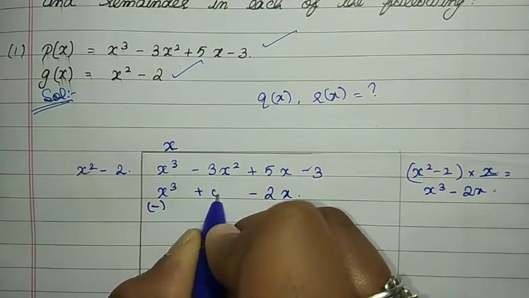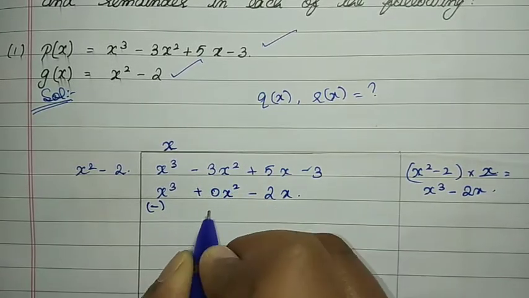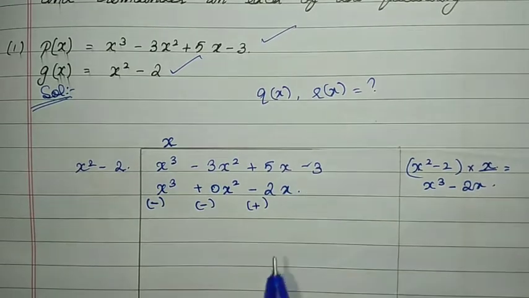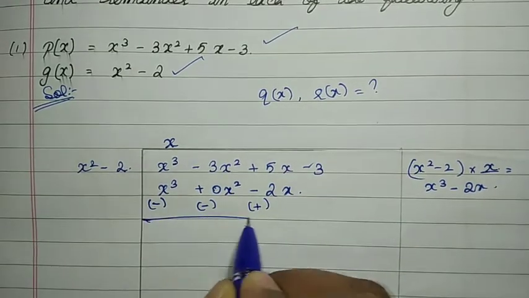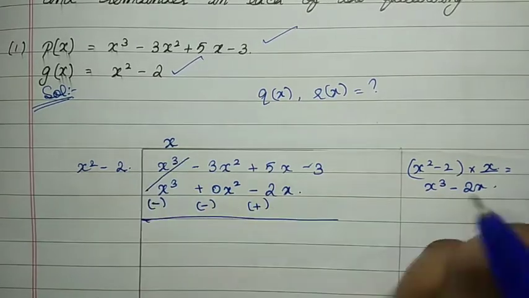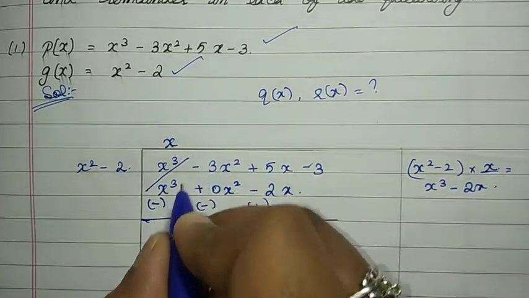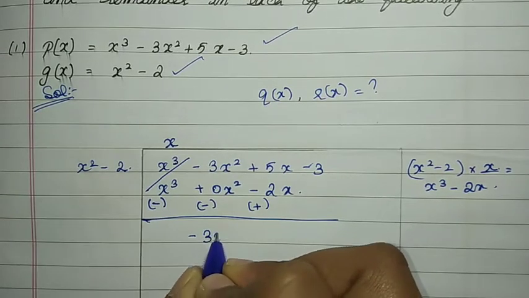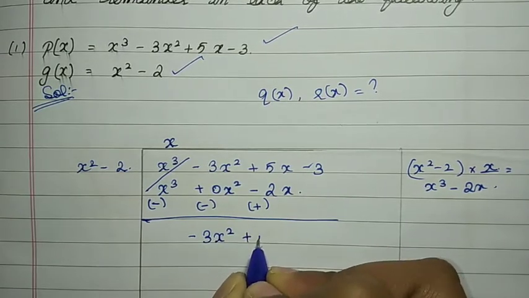So this will be plus 0x square. Here also I will change to minus, and here plus. This is the changing of the sign. So this part will get cancelled and I will write the remaining as it is: minus 3x square plus 5.